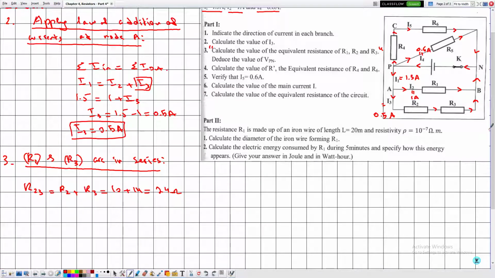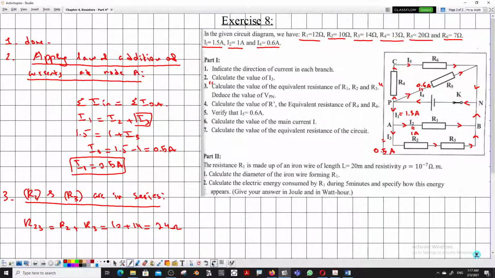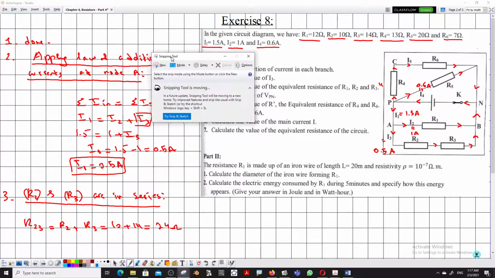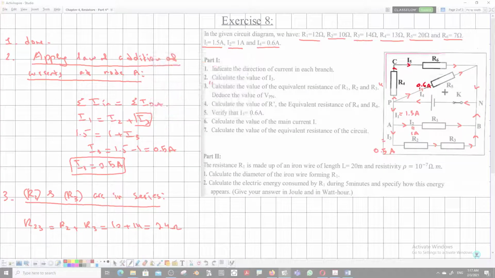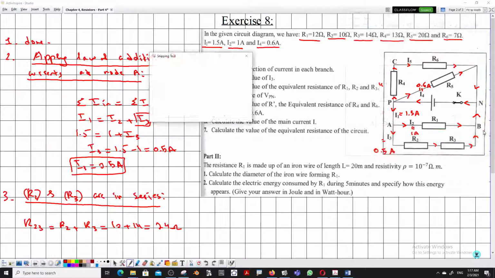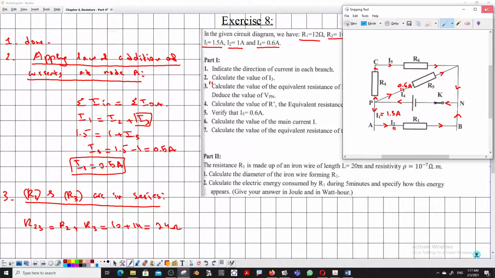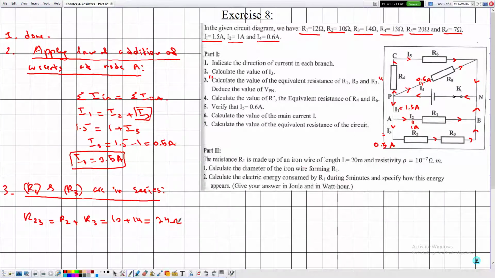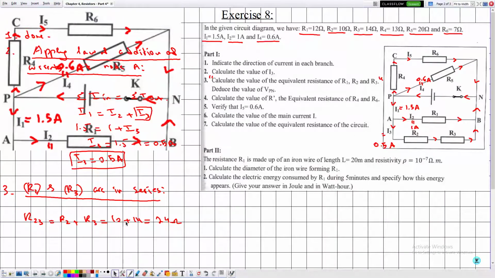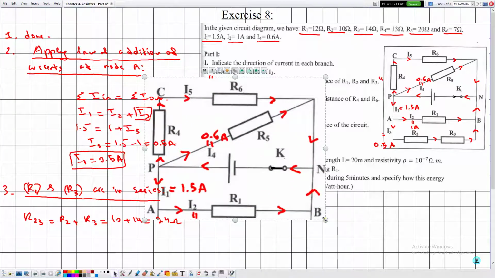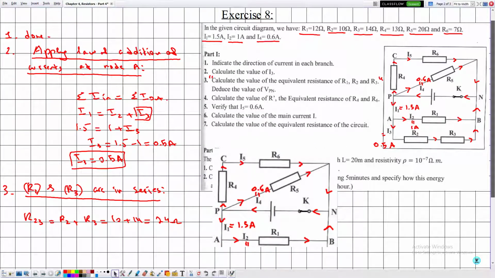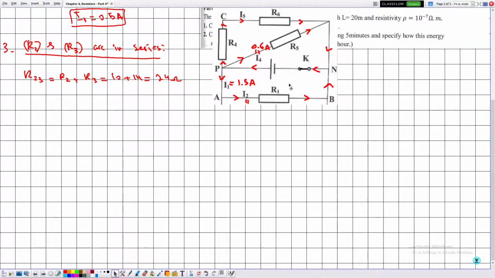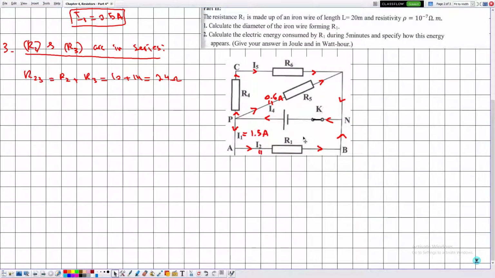No, wait. Let me do the following. So this is the second circuit that I have obtained.